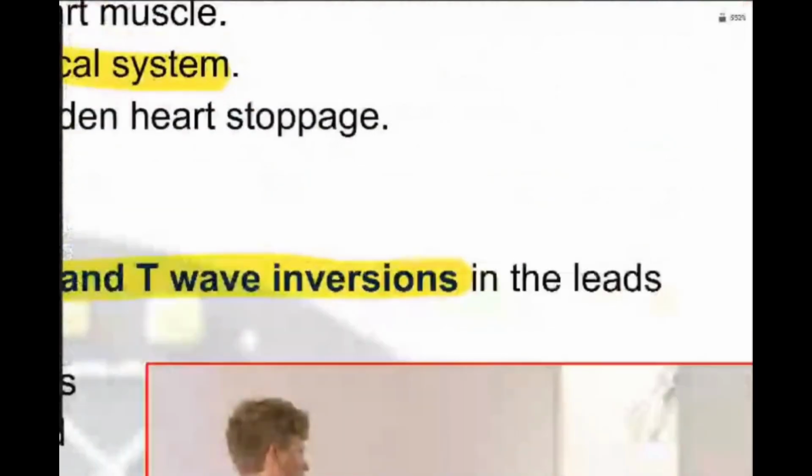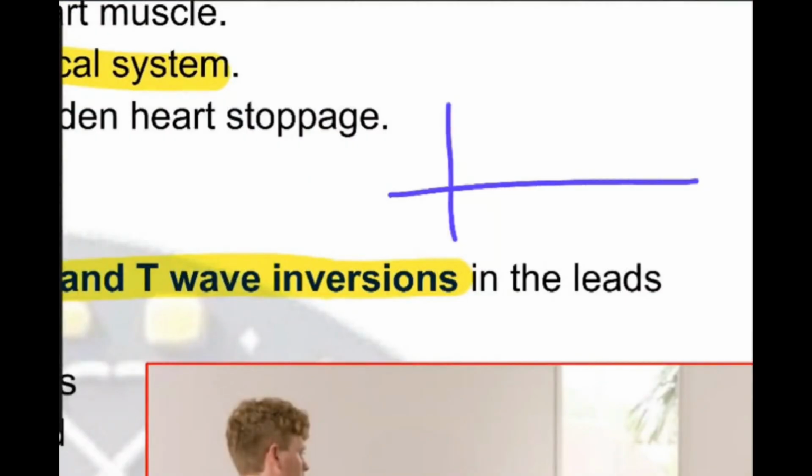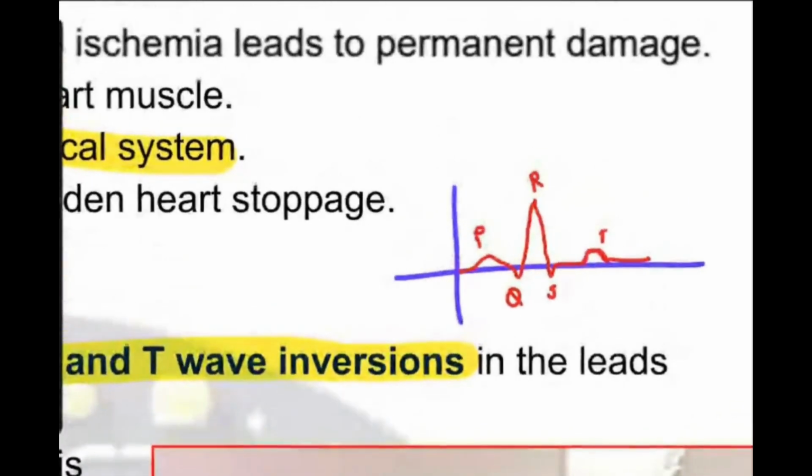So normally, if this is the baseline, I can draw, this will be my P wave, this will be my Q, this will be my R, and this will be my S, and then baseline, then this will be my T. P, Q, R, S, and T. Now, I'll draw a similar diagram on the top side, but of the angina patient.